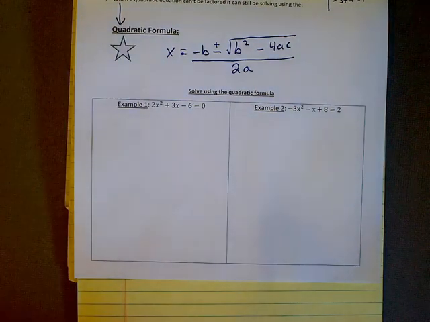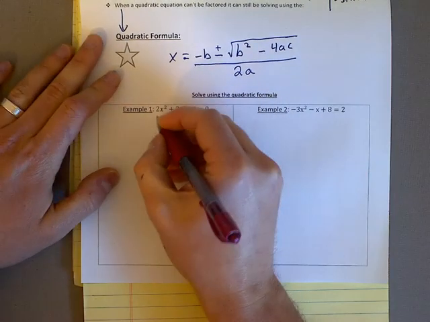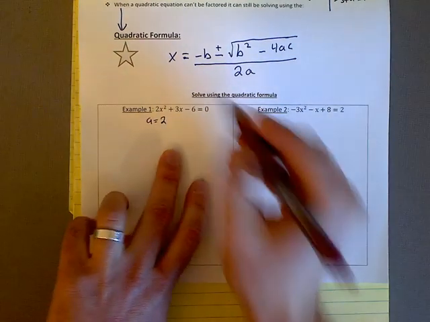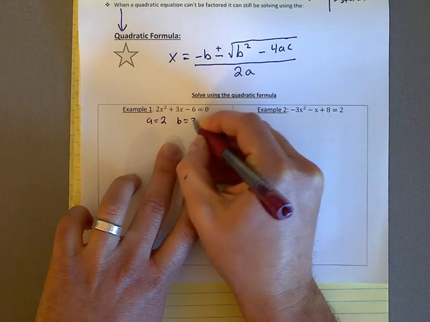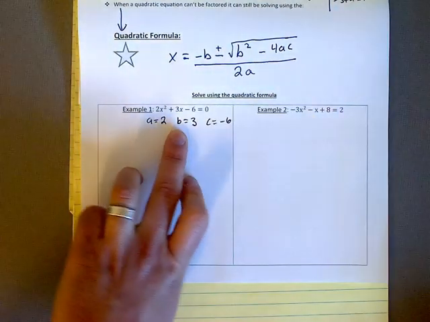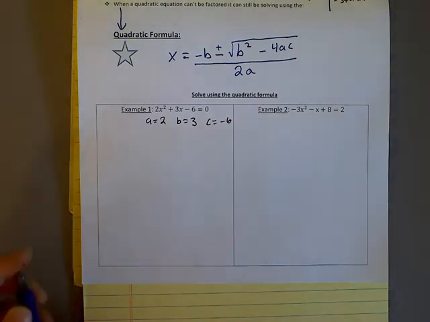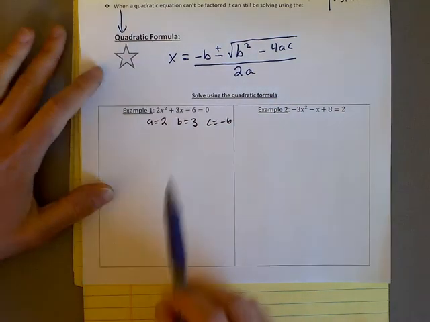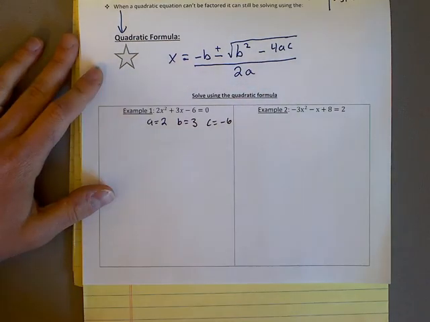So let's start just by identifying what a, b, and c are. A, my leading coefficient, is 2. B is 3. And then c is negative 6. Those are the coefficients from this quadratic equation. And then I'm going to write the quadratic formula. I'm almost going to write it as a fill in the blank.